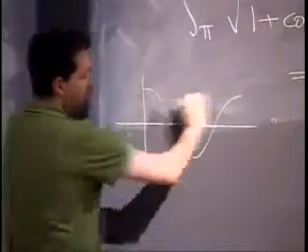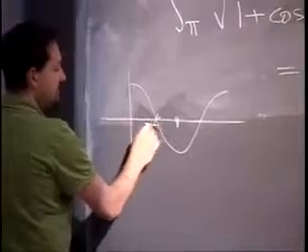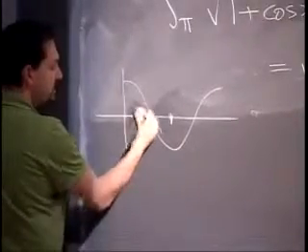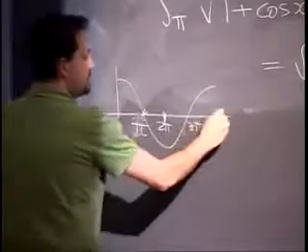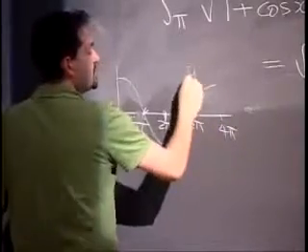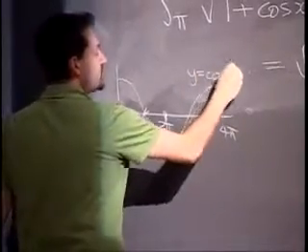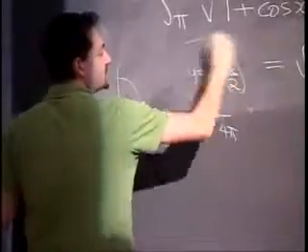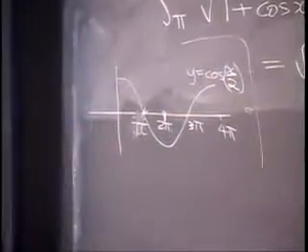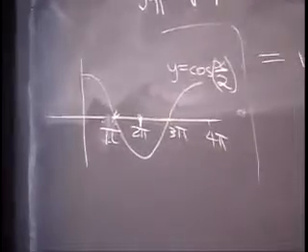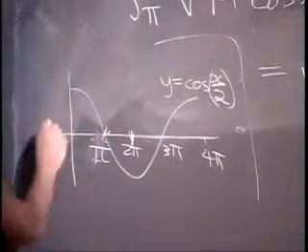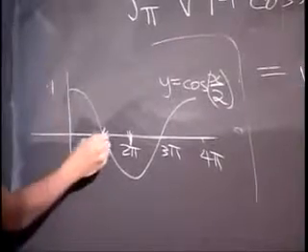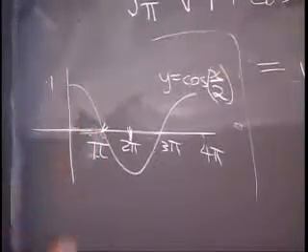So all you have to do is relabel the axis. Instead of pi over 2, I label it pi, 2 pi, 3 pi, 4 pi. So that's a graph of y equals cosine x over 2. It's just the same as cosine, but half as fast. It takes a long time before getting up to pi. I didn't draw this to scale, obviously. Pi is about 3, and that's 1.